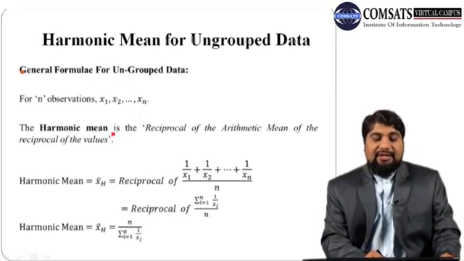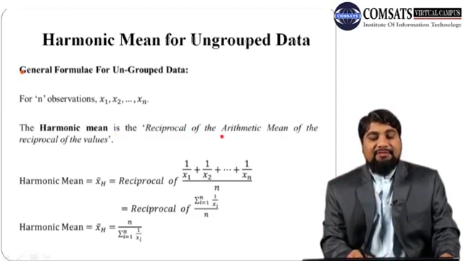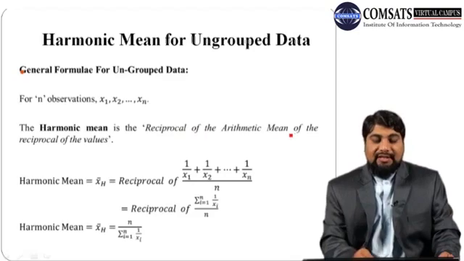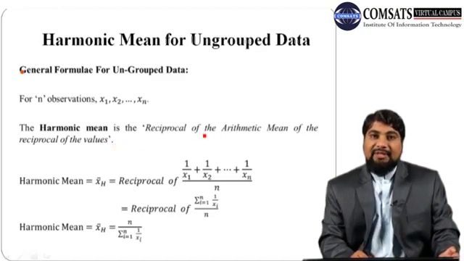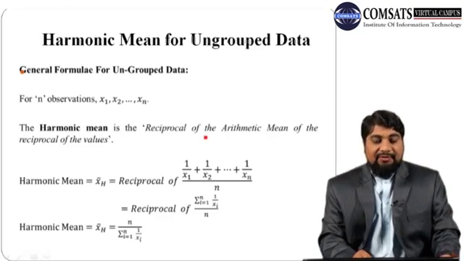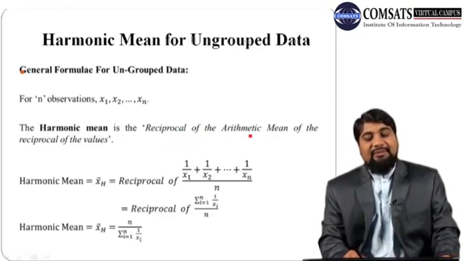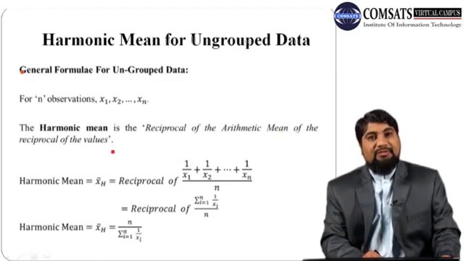Harmonic mean is defined as the reciprocal of the arithmetic mean of the reciprocal of the values. At first look, this seems quite a complicated definition, but if we go into the detail step by step, we can get the full idea quite easily. So it is the reciprocal of the arithmetic mean of the reciprocal of values.